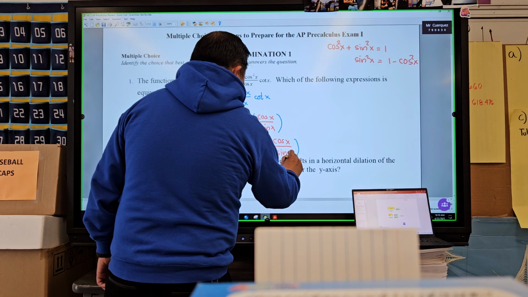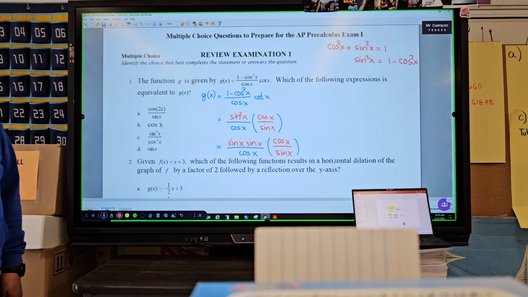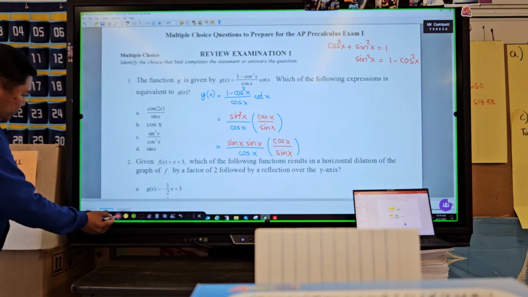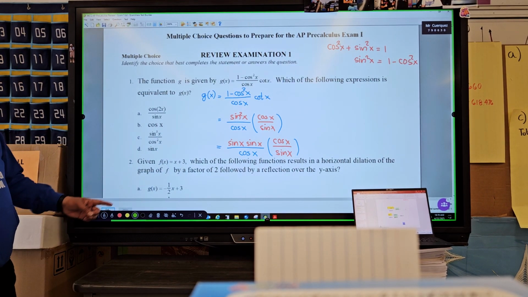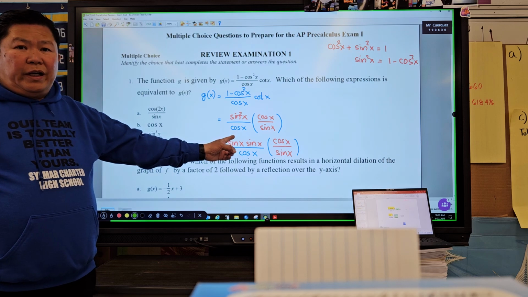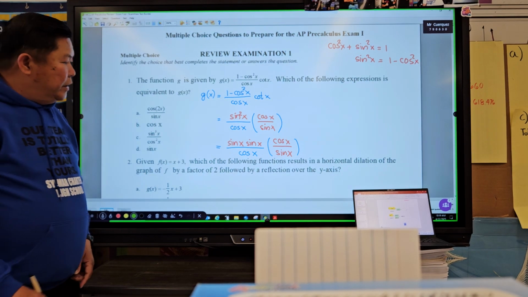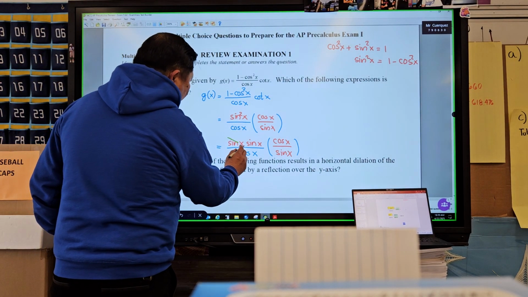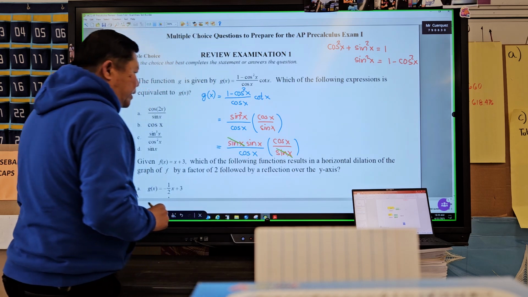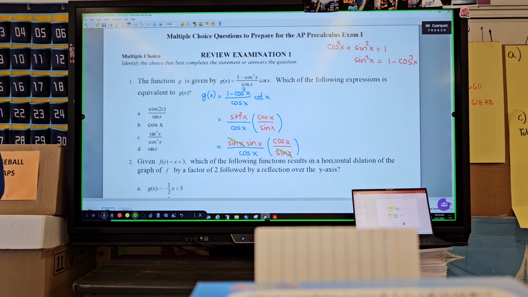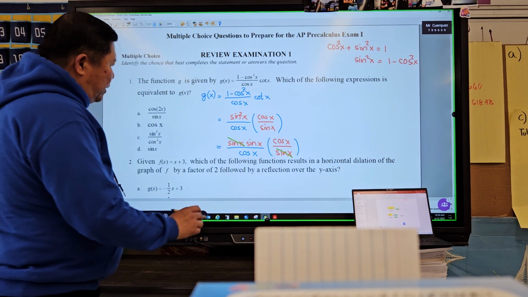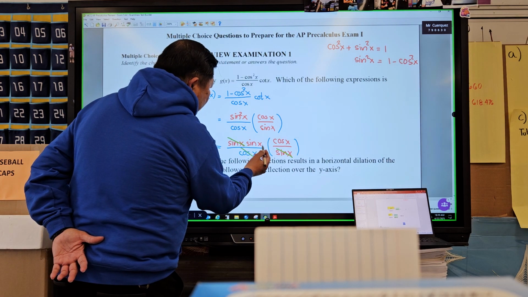Well, you notice right here, guys, anything cancels out, so we can cancel out one of the sines, right? Okay, so we can cancel this sine x and this sine x. What else can we cancel out? The cosine. So the cosine cancels out also.